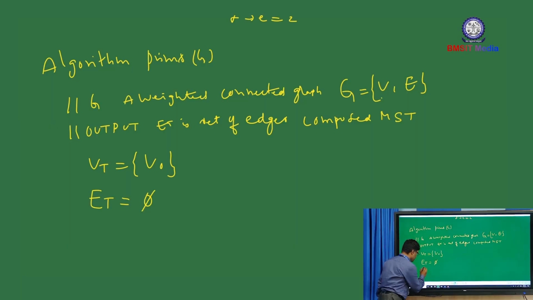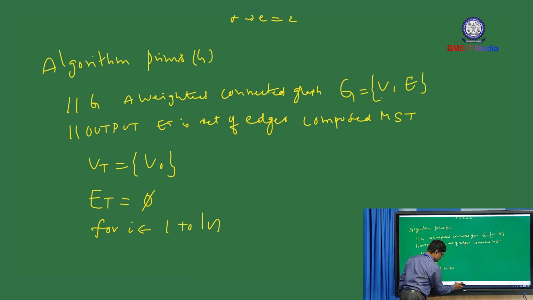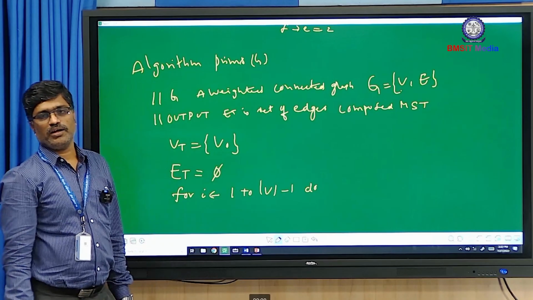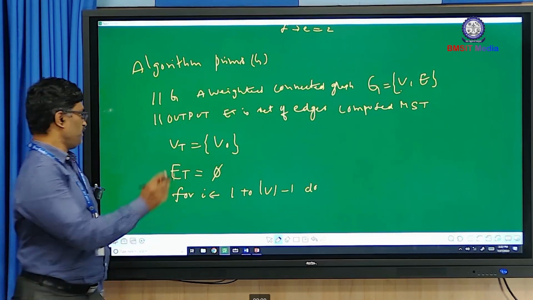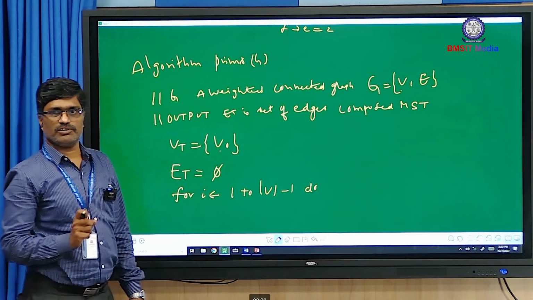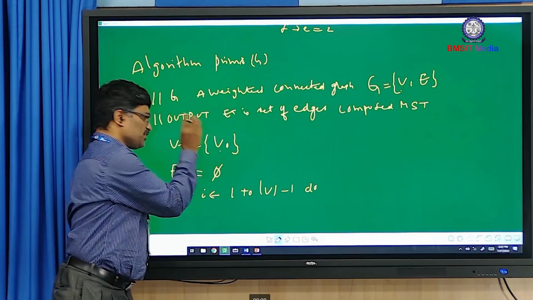Next, we have to start with for i is equal to 1 to modulus of V minus 1 do. So you have to take one loop and find out which is the minimum of V0. Initially we have taken V0.